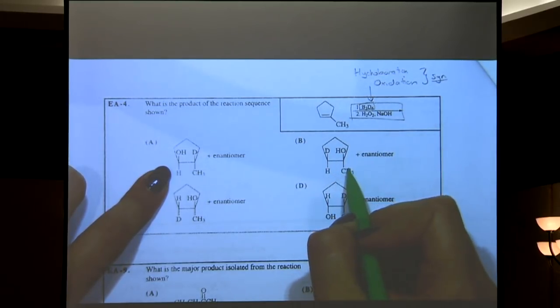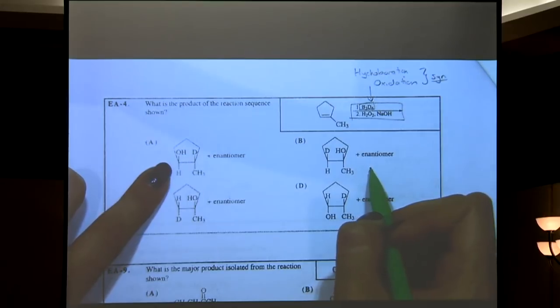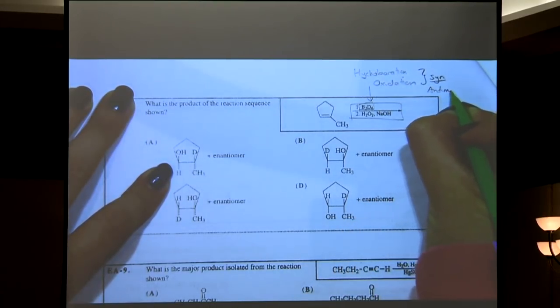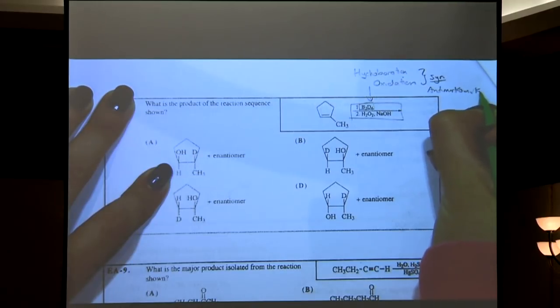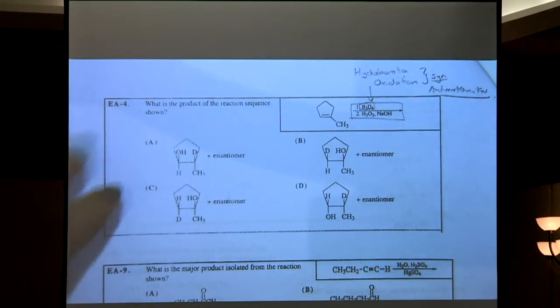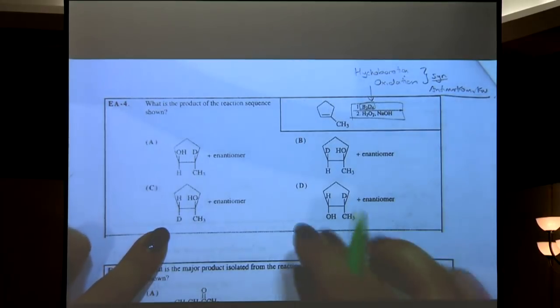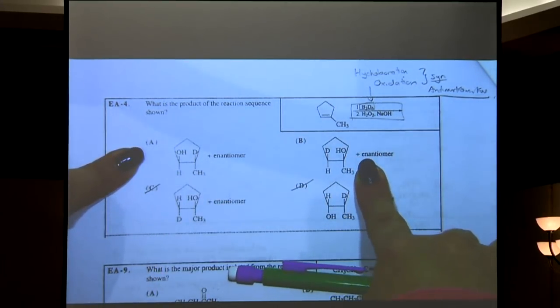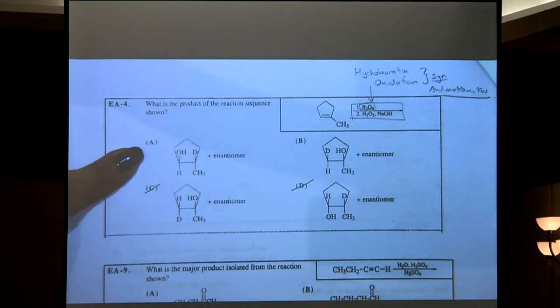B is also doing the same, but it's also anti-Markovnikov, right? So it's syn and anti-Markovnikov. These are adding on opposite sides, so it's not C or D. So between A and B, which one is anti-Markovnikov? A?